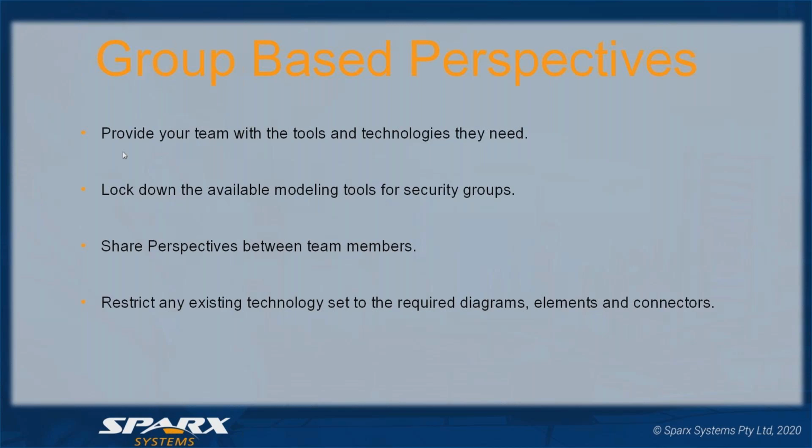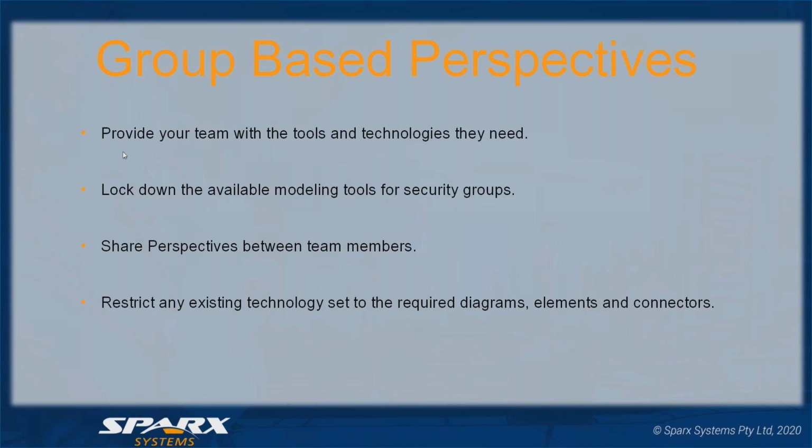So with group-based perspectives, what it allows you to do is provide your team with the tools and technologies they need. You're able to lock down the available modeling tools for security groups. You can then share those perspectives between team members, and you can restrict any technology set to the required diagrams, elements, and connectors.